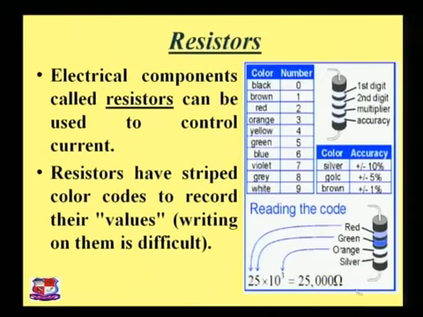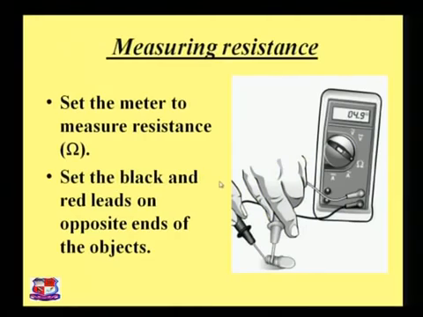With silver, the accuracy is plus or minus 10%. So that resistor has the value of 25 kilo ohm with plus or minus 10% tolerance. This is the second method, which we can easily use to measure the resistance.